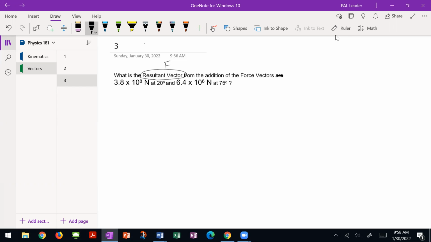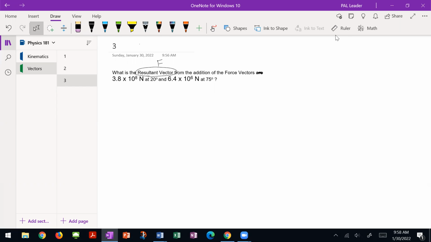So usually I write all of my vectors in one x and y coordinate, but I'm going to actually separate these two because, as I said in another video, vectors can get messy. So my first x and y is going to be for the first force. I want to clarify that this is going to be positive x.